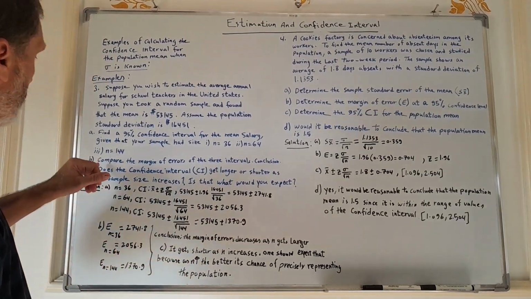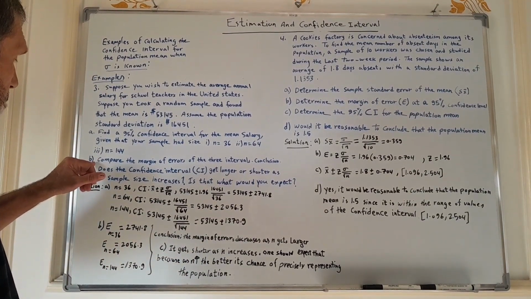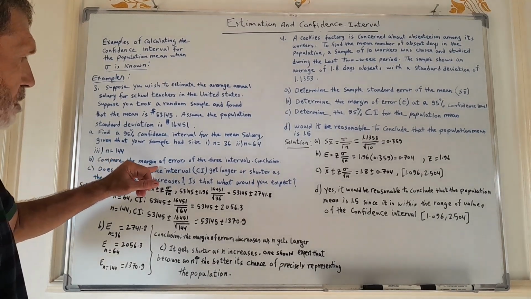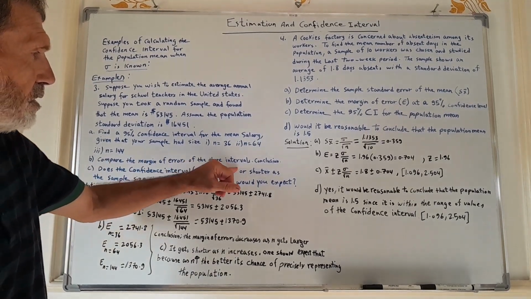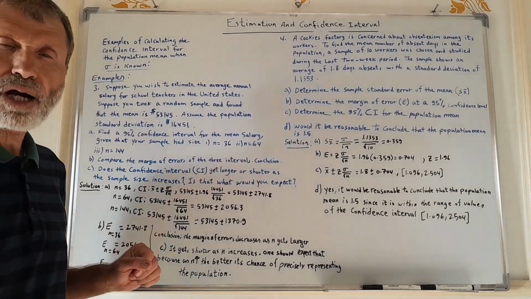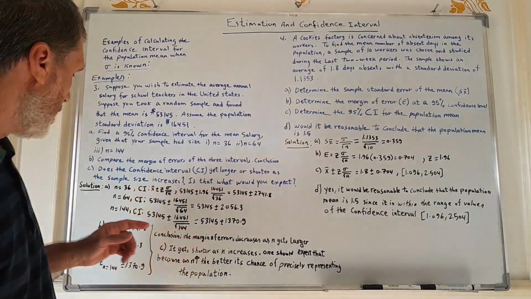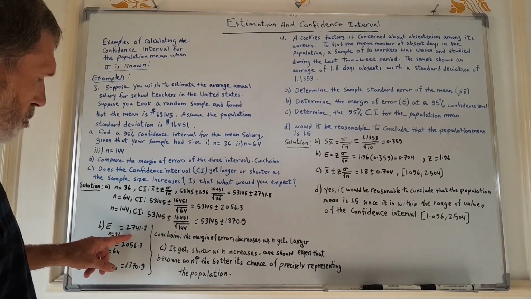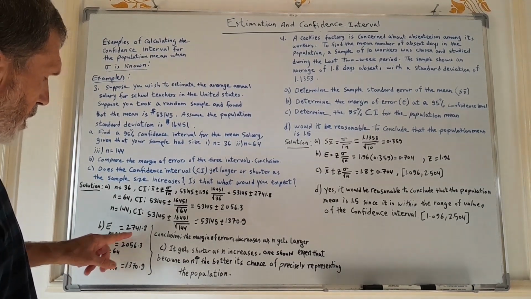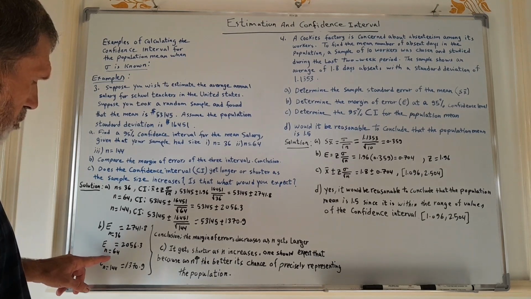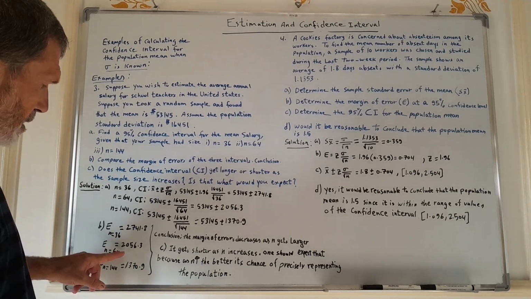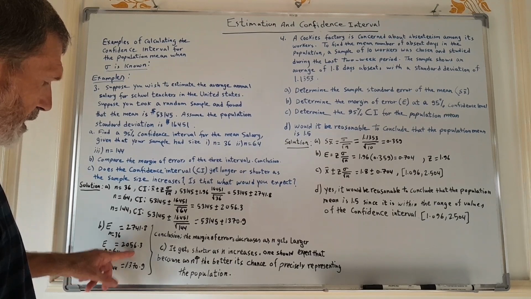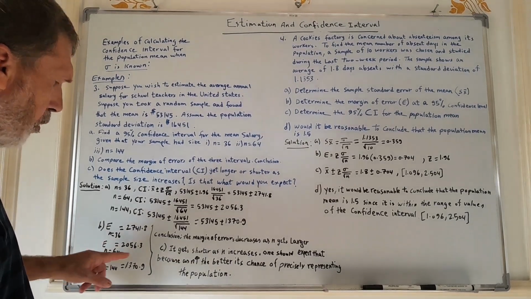Now, part B says compare the margins of error of the three intervals, and we need to put the conclusion. The margin of error when n equals 36 is 2,741. The margin of error when n equals 64 is 2,056.3.